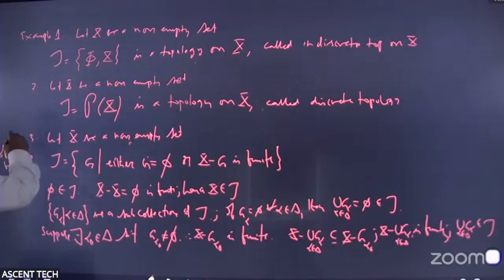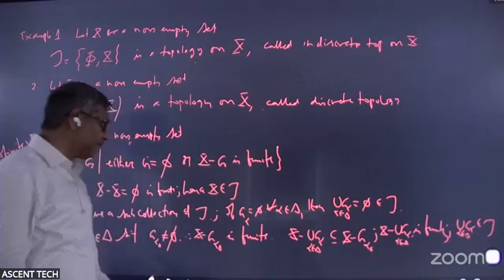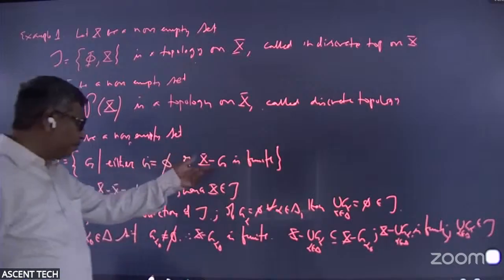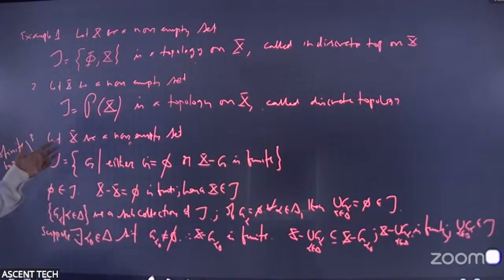Actually, in case X itself is a finite set, then X minus G is always finite. So every subset will have X minus G finite. So in that case, if X itself is finite, the cofinite topology becomes a discrete topology.